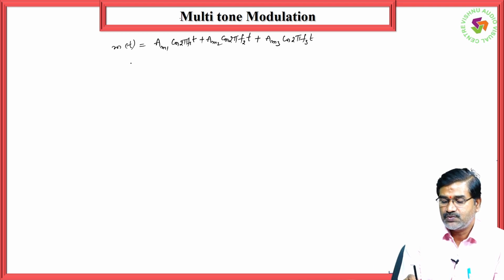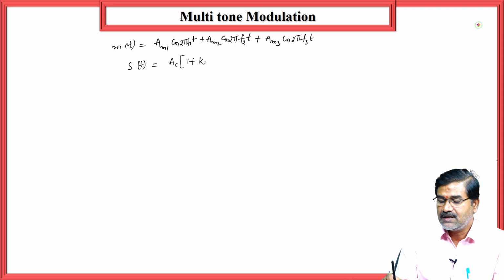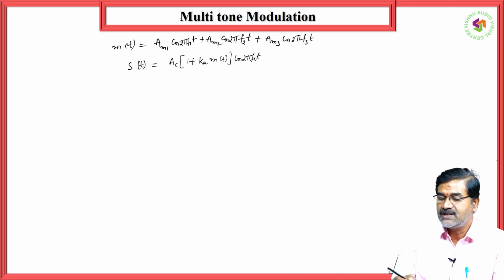In that particular situation, your multi-tone AM signal can be written as s of t is equal to Ac into 1 plus Ka m of t, into cos 2 pi fc t, which is the general equation.